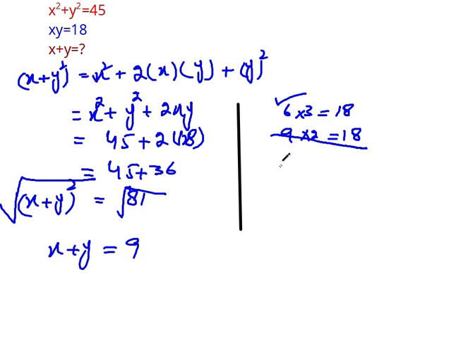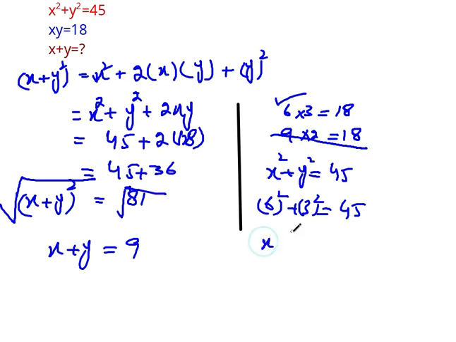Let's check x square plus y square is equal to 45. 6 square plus 3 square, that is 36 plus 9, which is equal to 45. So we can see that x is equal to 6 and y is equal to 3.